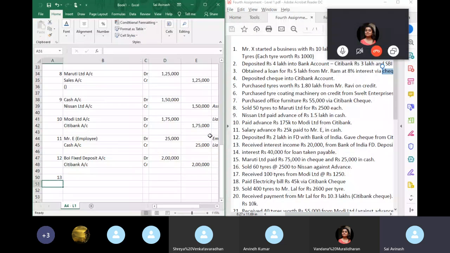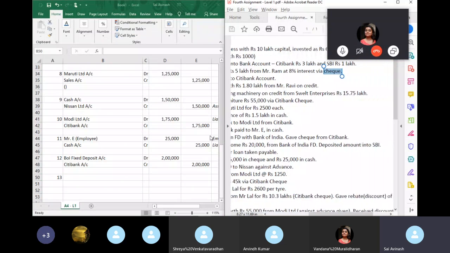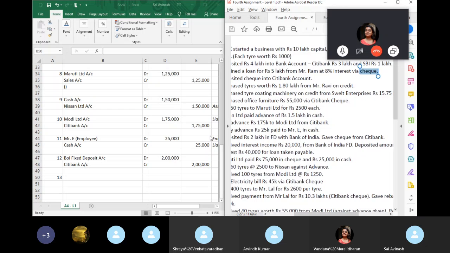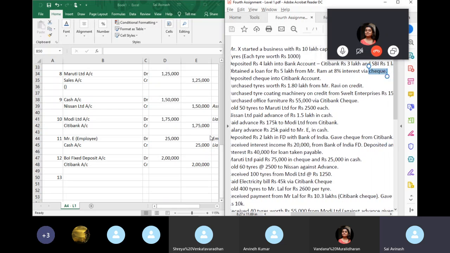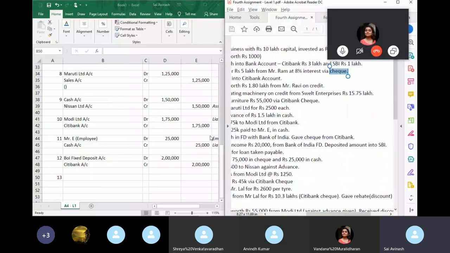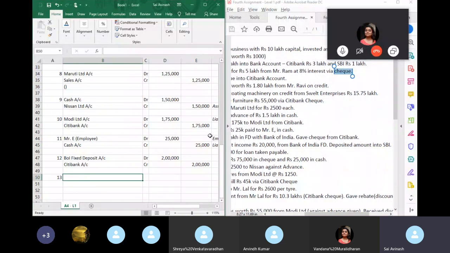Okay. 13. Received interest income rupees 20,000 from Bank of India fixed deposit. Deposited that amount into SBI. So what am I saying? I'm receiving interest income. Because this statement is not too clear, you can actually think of it in two or three different ways. Now let's look at the end result.